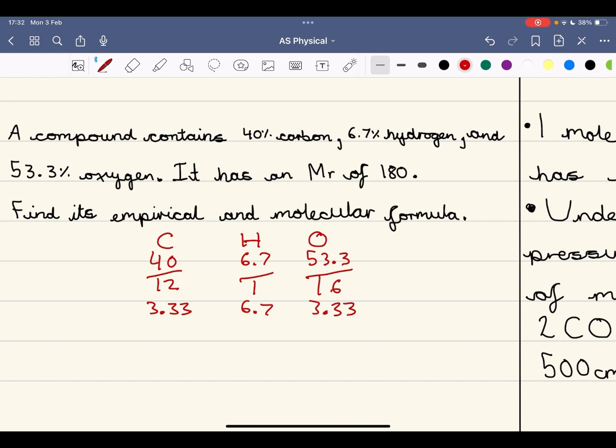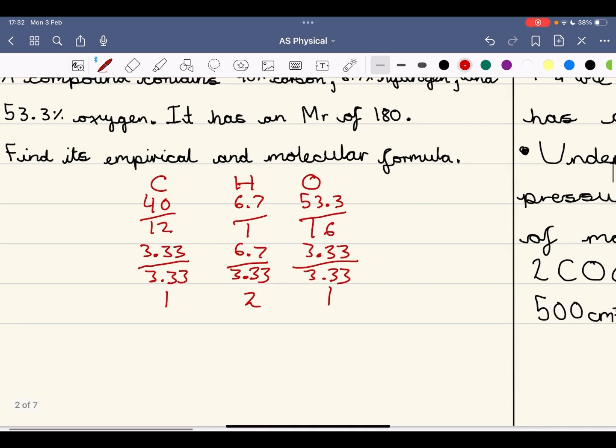And then we can simplify this ratio by dividing by the smallest number, which in this case is 3.33. And we get 1, 2, and 1. So the empirical formula is CH2O, and the MR of this is 30, and we need this MR to work out the molecular formula.